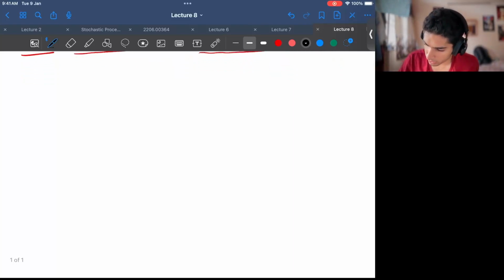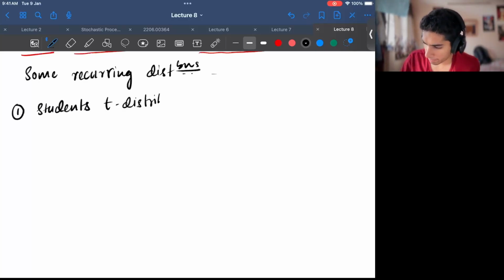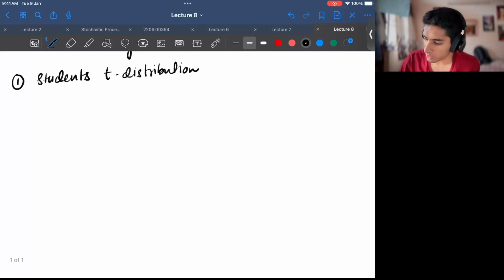So the first one, some recurring distributions, is the Student's t distribution. What is Student's t distribution?